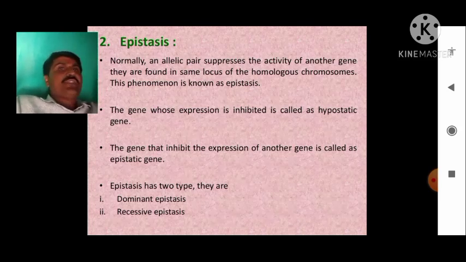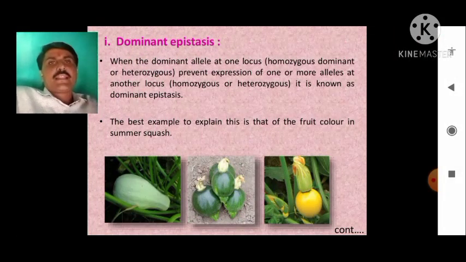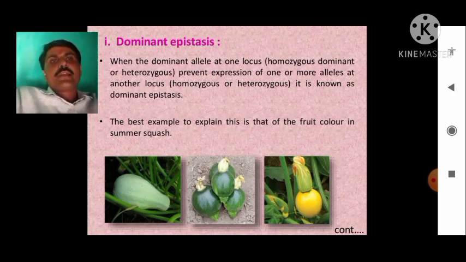Now, the phenomenon of epistasis has two types, dominant as well as recessive. We will touch the first aspect, the dominant one. When the dominant allele of one locus prevents expression of one or more alleles at another locus, it is known as dominant epistasis. Look out at this.